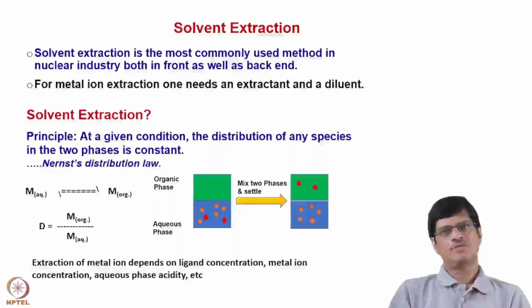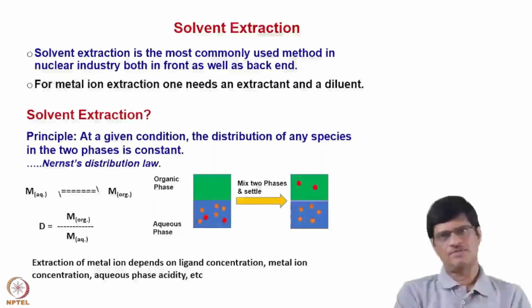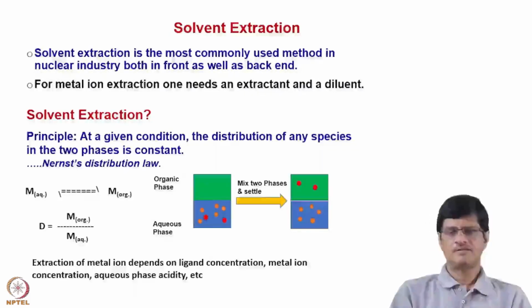I have shown a schematic where a mixture of two ions marked with orange and red color are initially in the aqueous phase, and you mix the two phases and then allow them to settle. You find that the red species go to the organic phase, while the orange species remain in the aqueous phase. That is how separation is done in solvent extraction.